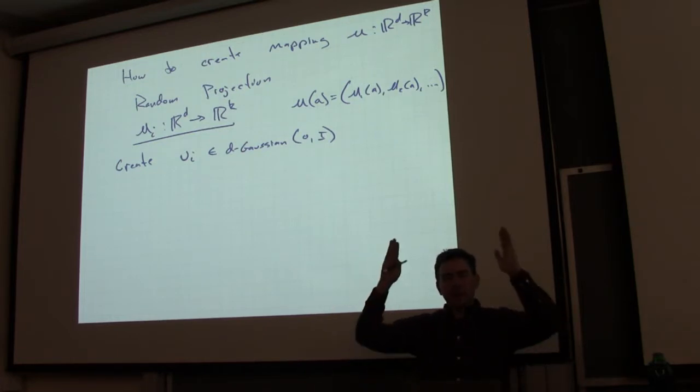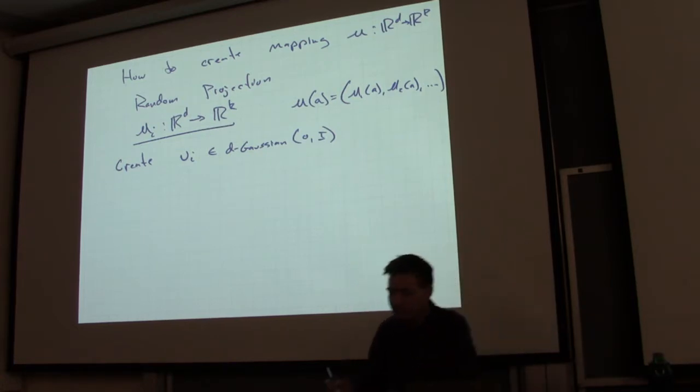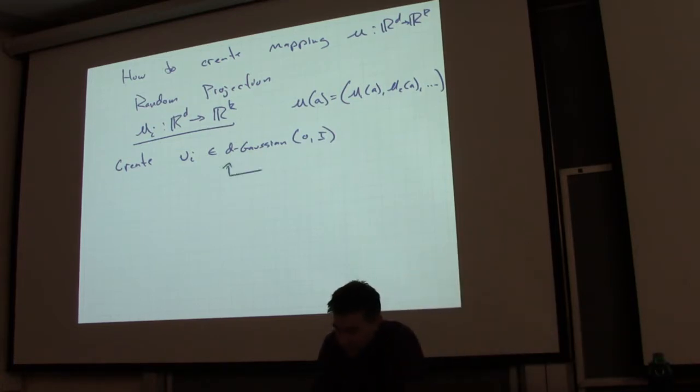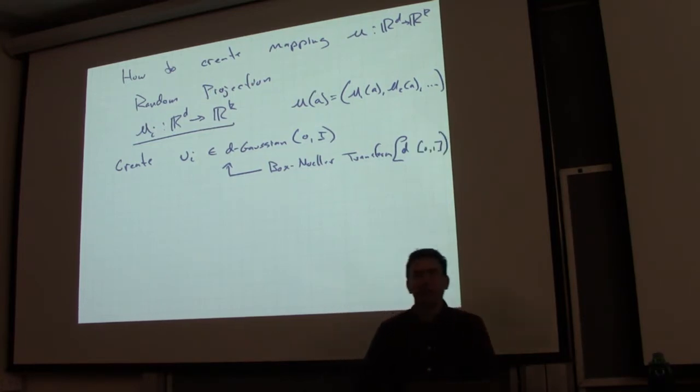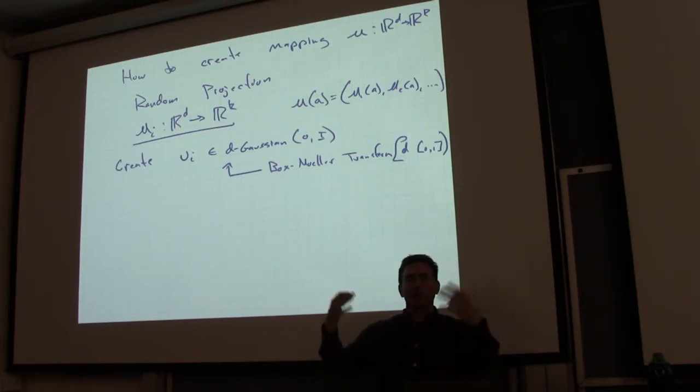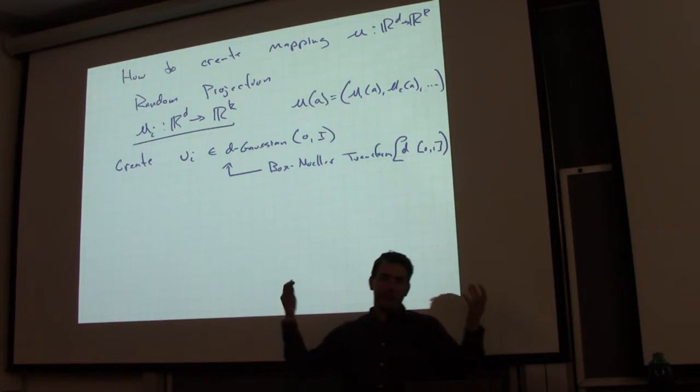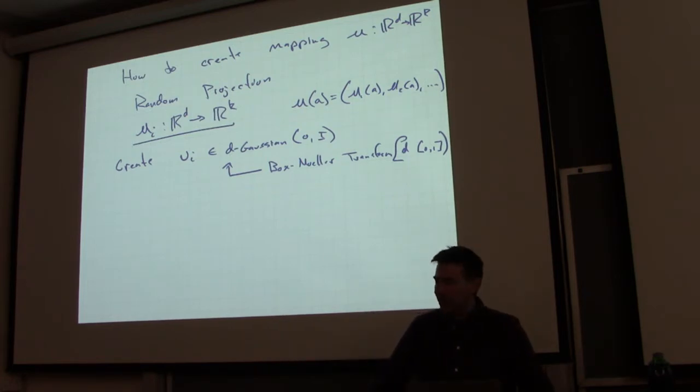d uniform random variables between 0 and 1. There's this thing called a Box-Muller transform, where I take in vectors that are each uniform between 0 and 1, I do this Box-Muller transform, and I get a d-dimensional Gaussian random variable, where I do d over 2 of these Box-Muller transforms.